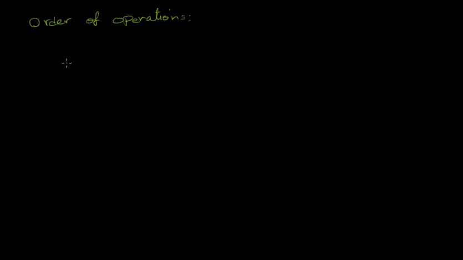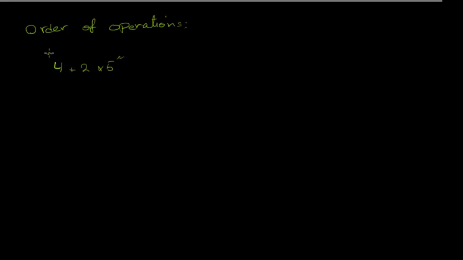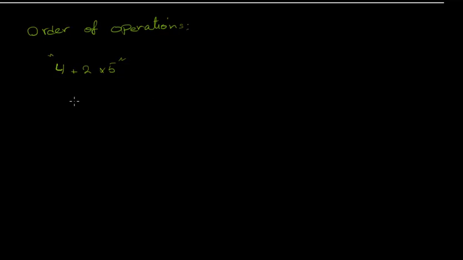If you are asked to simplify something like 4 plus 2 times 5, the first question that comes to mind is, which way do I do this? Because there are two choices to make. Let's say we choose first to do the multiplication and then the adding.